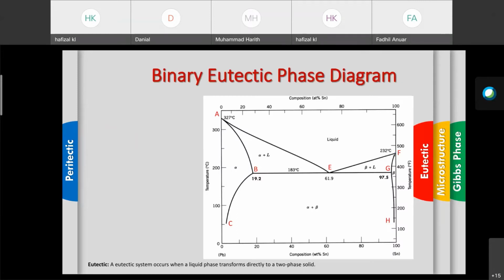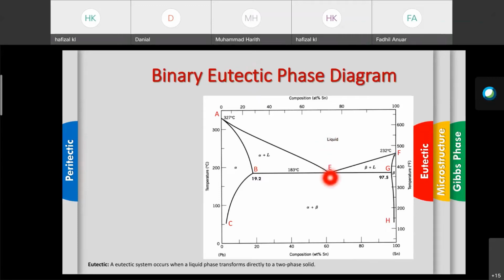So this kind of lead-tin phase diagram, or Pb-Sn phase diagram, we call it a binary eutectic phase diagram. This one is very special because we have the term eutectic, and previously I already mentioned the eutectic, whereby the transformation occurs at this line.